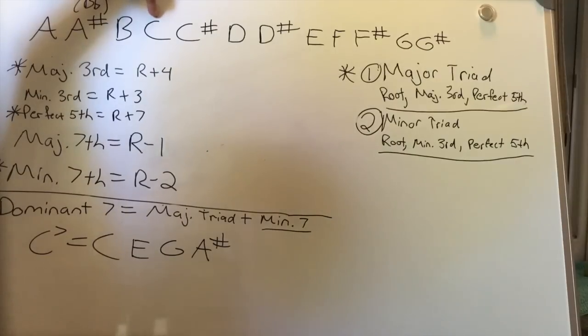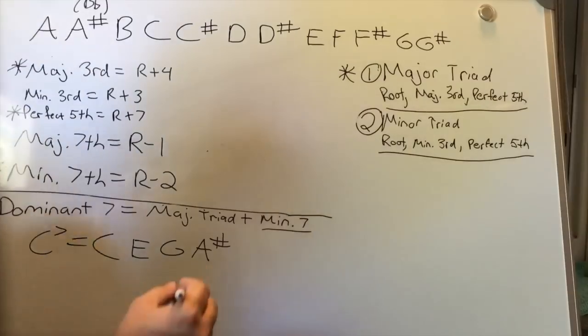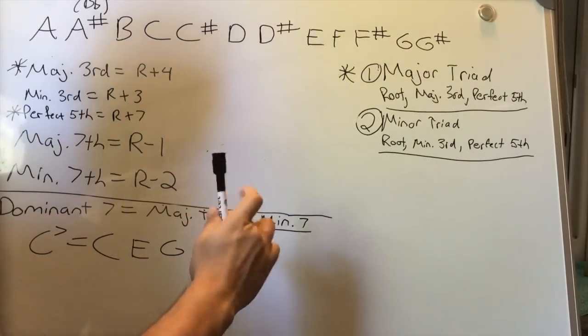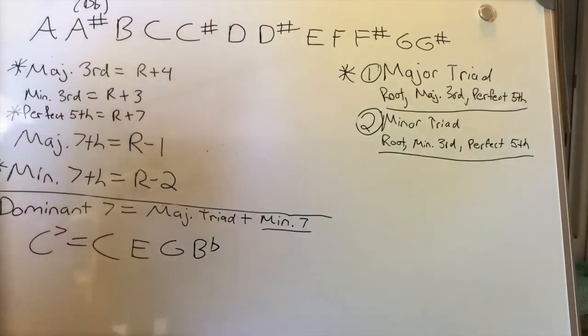So C returning to C is 8. 7 means it has to be a B of some sort. B flat is the same as A sharp. So this must become this. I'm going to do another example like that so we get your mind wrapped around it.